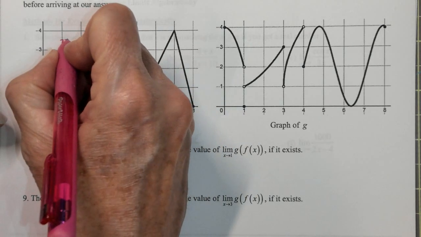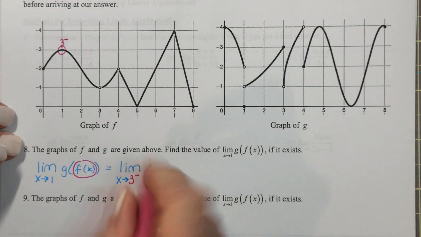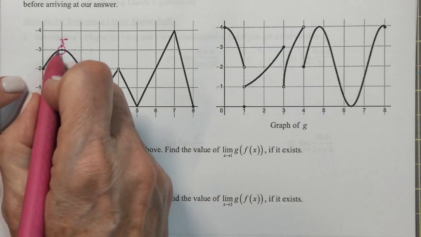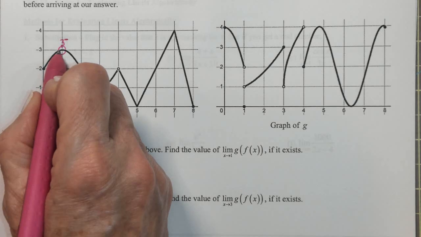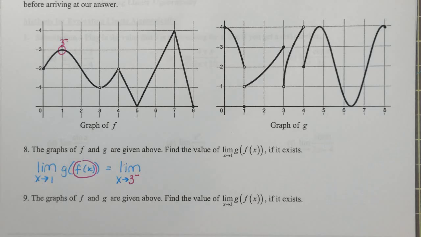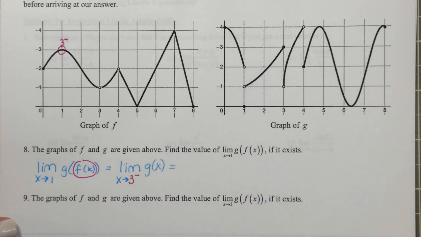It's approaching 3, but on the left. This becomes a one-sided limit. 2.999 is less than 3. Less than 3. Okay? Now we put that in for g of x.